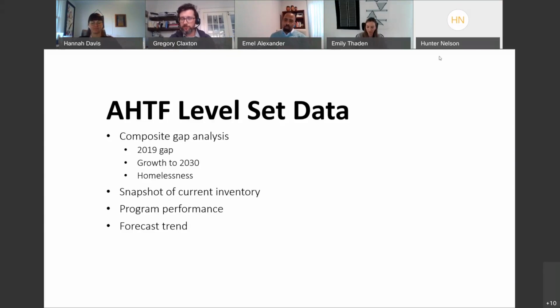There's a slightly fuller slide deck that will be sent out after this, but for tonight I was going to highlight progress that we're making on a composite gap analysis, what the need is, and making the case for further action, and then how that connects to the snapshot of the current inventory of affordable units and program performance to put together a picture of what the need looks like in 2030, building that case for action now.